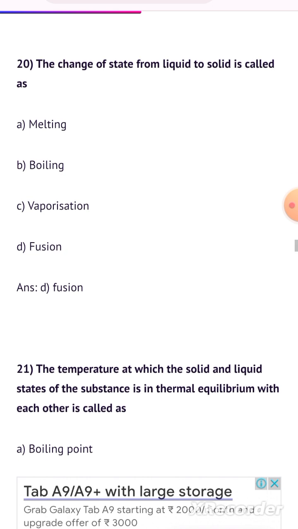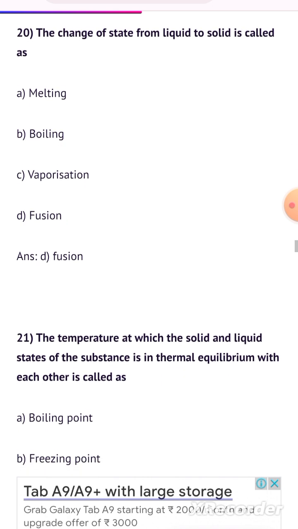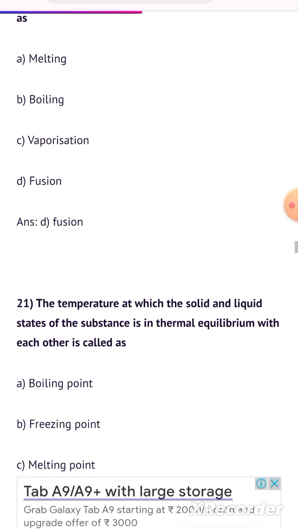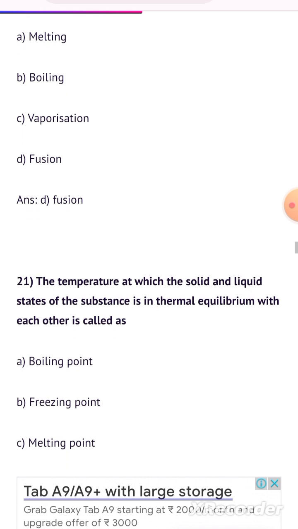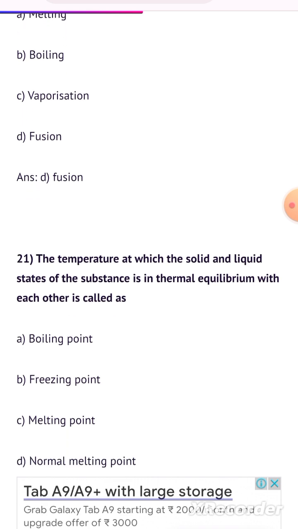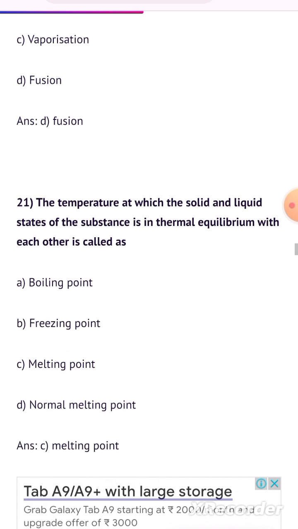Question number 21. The temperature at which the solid and liquid states of a substance are in thermal equilibrium with each other is called as... So at which temperature are the solid and liquid states in thermal equilibrium? Is it boiling point? Is it freezing point? Is it melting point? It's totally melting point.